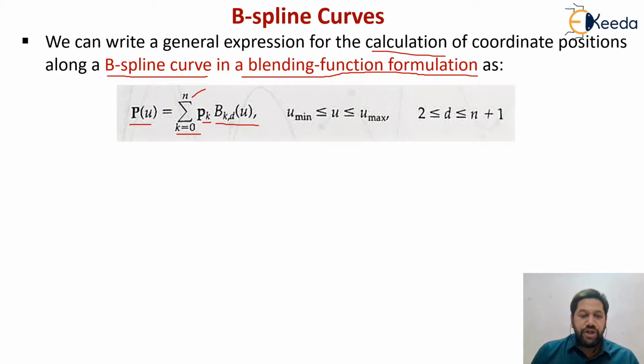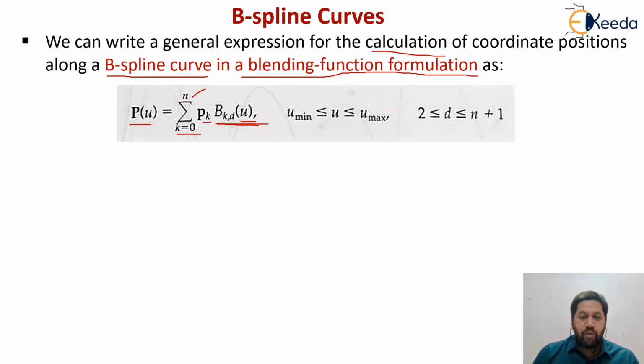The blending function here is B, which stands for B-spline. For the Bezier we used another term, something like BEZ k, so that it differentiates between the Bezier and B-spline. So I take the pk, all the position vectors for the points, and the blending function is B k comma d of u.